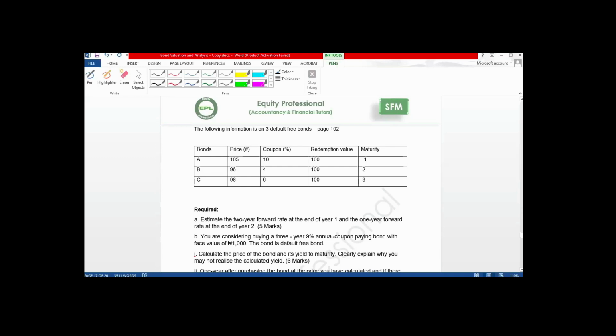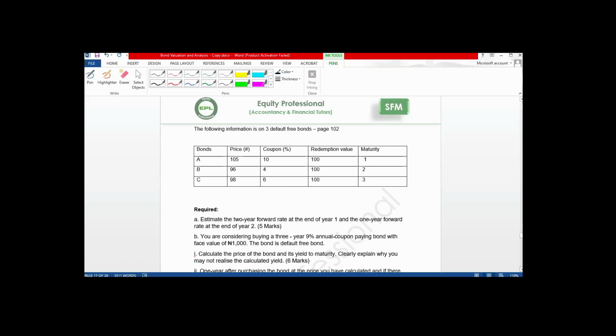A bond that will not default. That is a government bond. A default free bond, a risk free bond. The examiner is referring to a government bond.